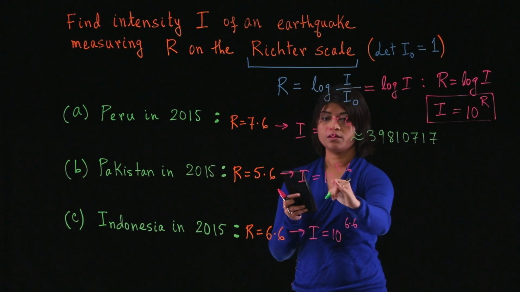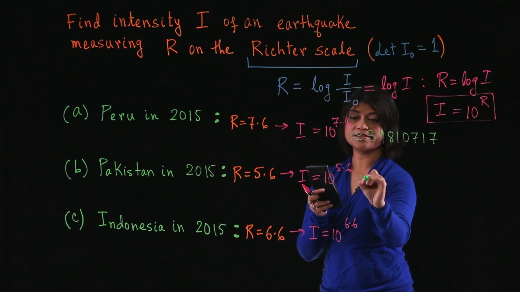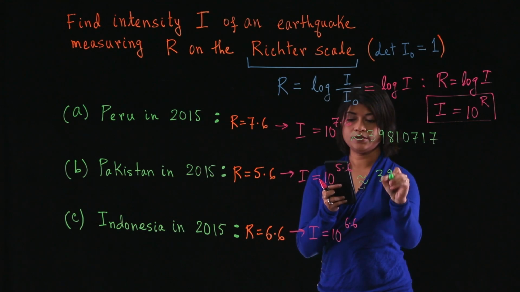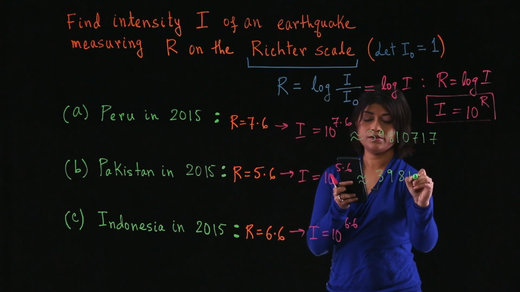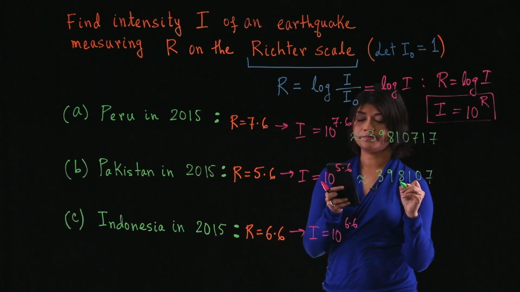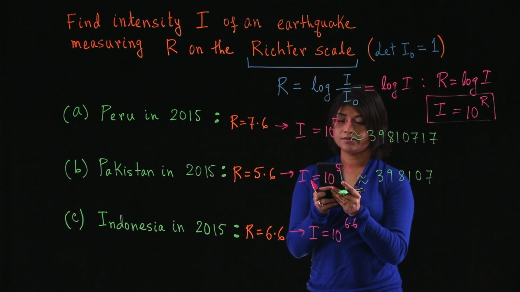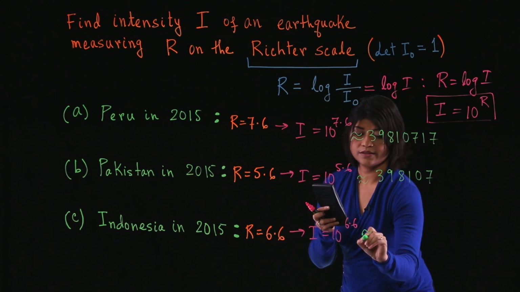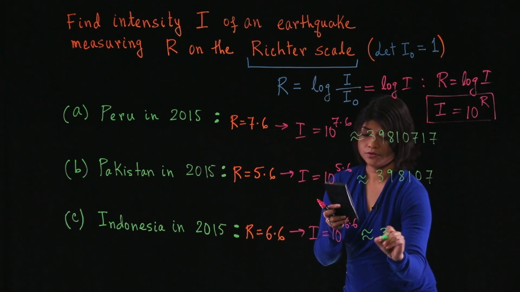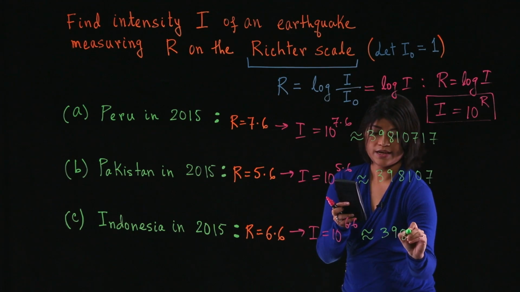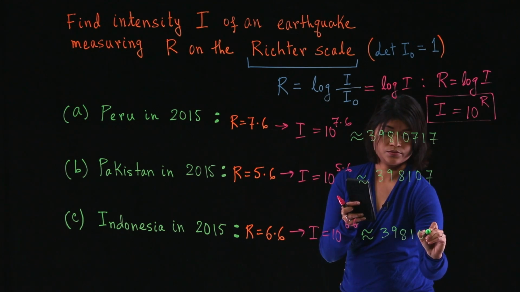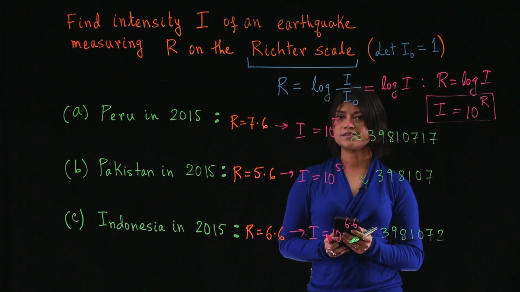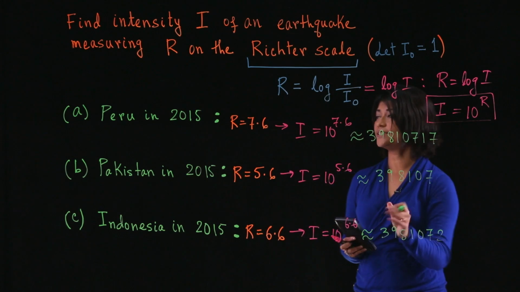That's the intensity. 10 to the power 5.6 is approximately 398107. And the last one, for 10 to the 6.6, is approximately 3981072. So notice we have all the intensities.